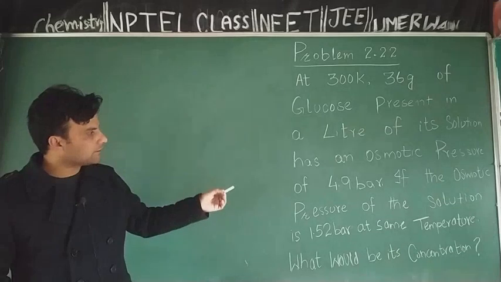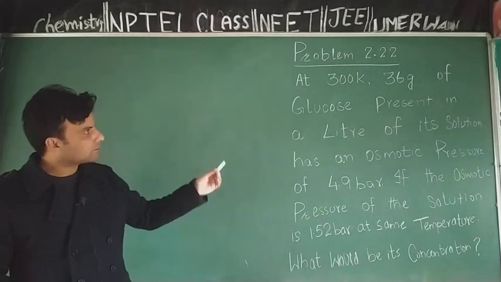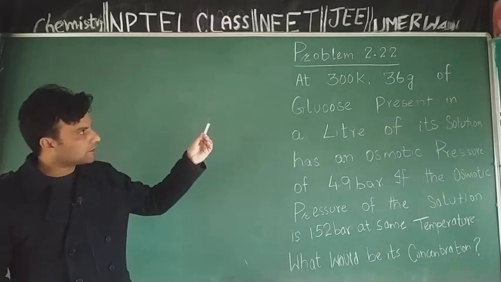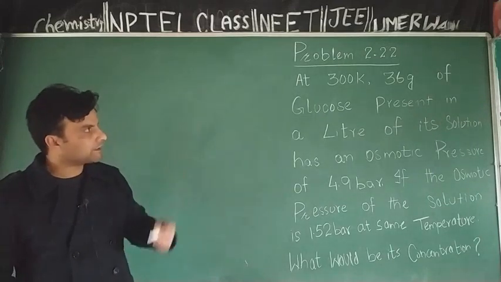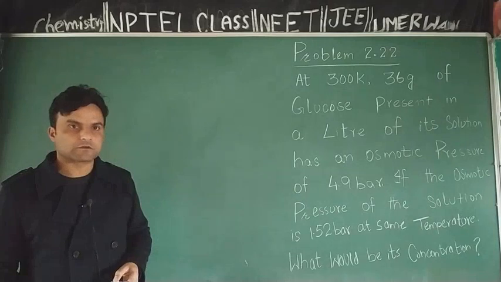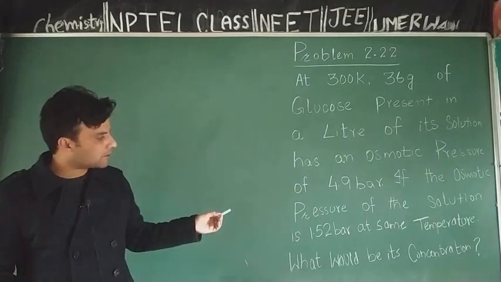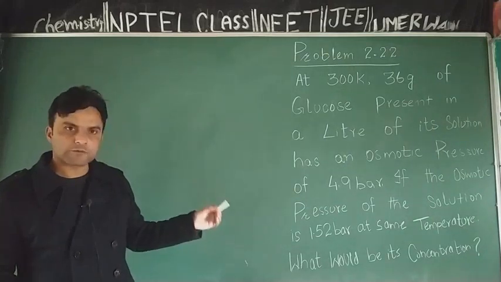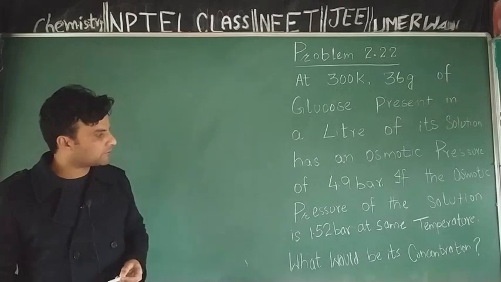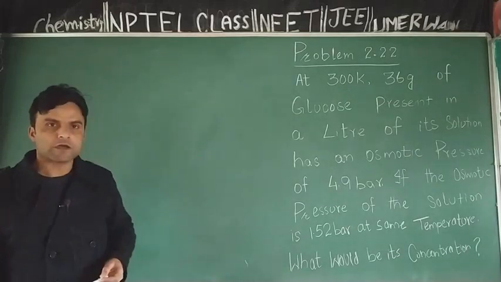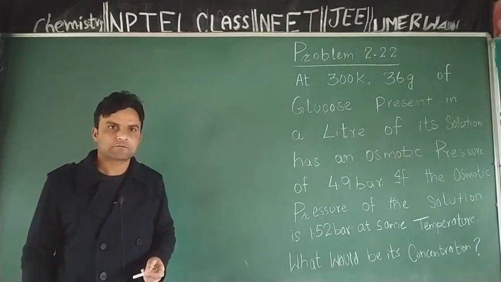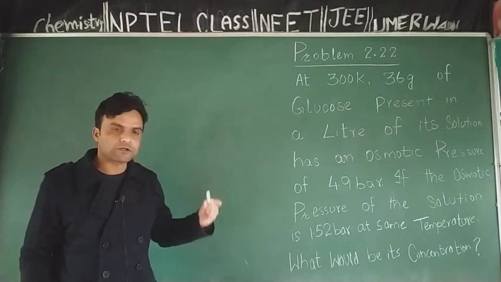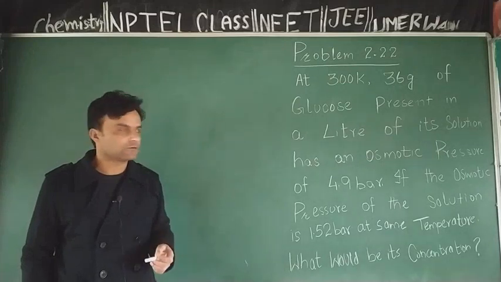It is natural then that when osmotic pressure is 4.9 bar, 36 grams of glucose are present, and when osmotic pressure of solution of same solute is 1.52 bar, then that time amount of glucose will be less than 36 gram, because osmotic pressure value depends on amount of solute.